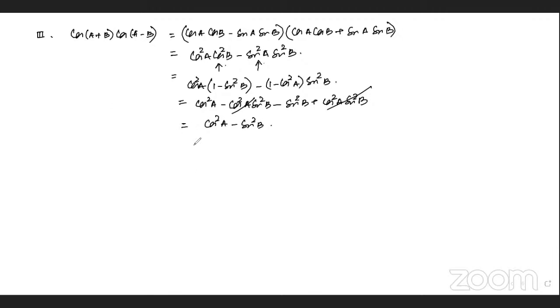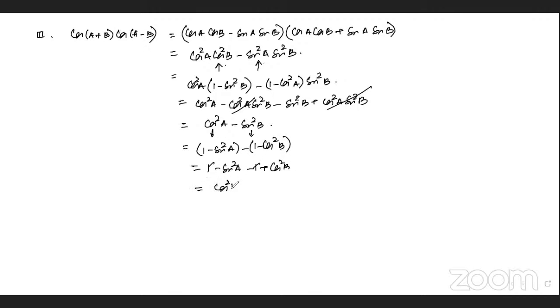And we can have another formula for this. Cos square you can now change here, this and this also. This will become 1 minus sin square a, minus 1 minus cos square b. So this is 1 minus sin square a minus 1 plus cos square b. 1 and 1, minus and plus will go.